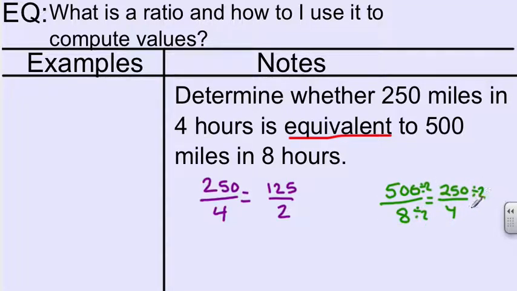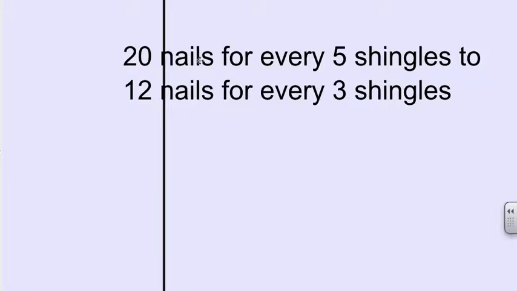I'm going to divide by 2 again, and divide by 2 again gives me 125 over 4. So this was the 500 over 8, and this was the 250 over 4. They are equal or equivalent. So yes, those work. Go ahead and hit pause again and see if you can solve this one on your own.